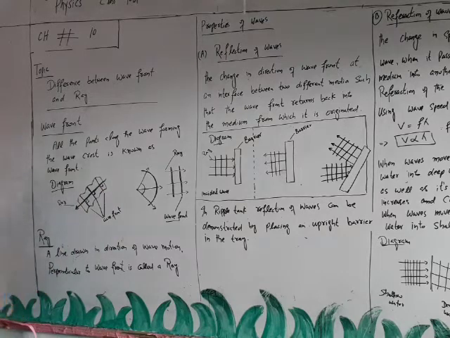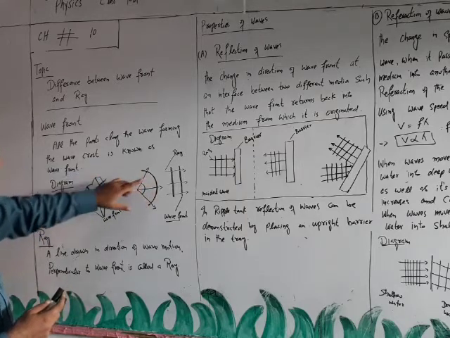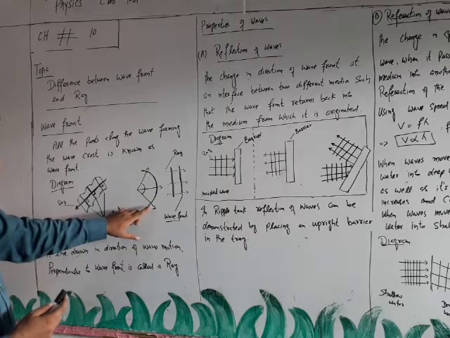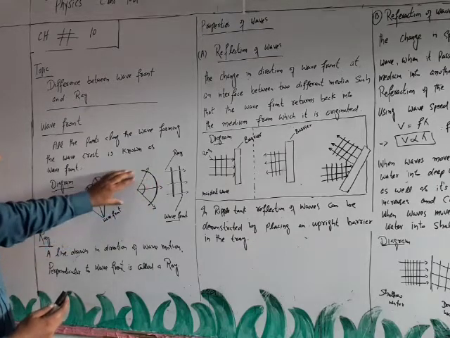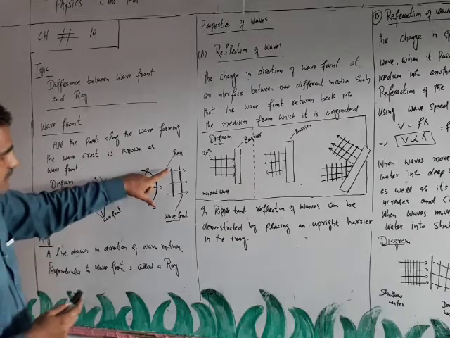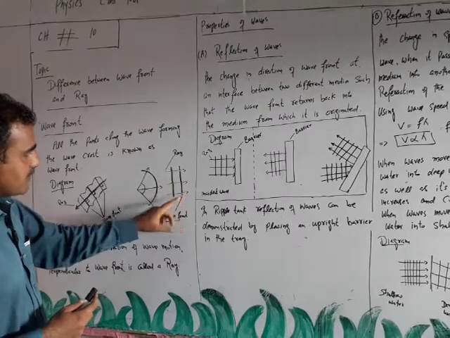Here, these curved lines represent the wavefronts, while the lines perpendicular to these curves and in the direction of propagation of the wave are called rays. So this is the wavefront and these three lines represent the rays.